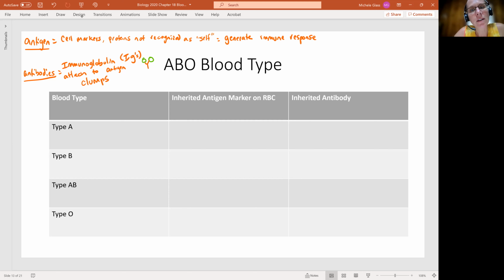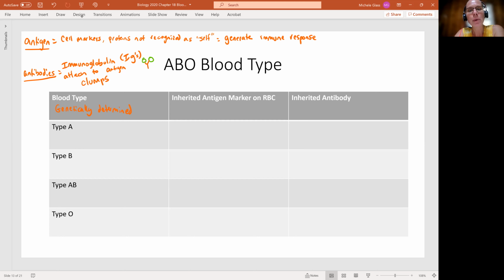And so when we're talking about ABO blood type, we are looking at a genetically determined characteristic. You're getting two pieces of information with that inheritance, two traits.